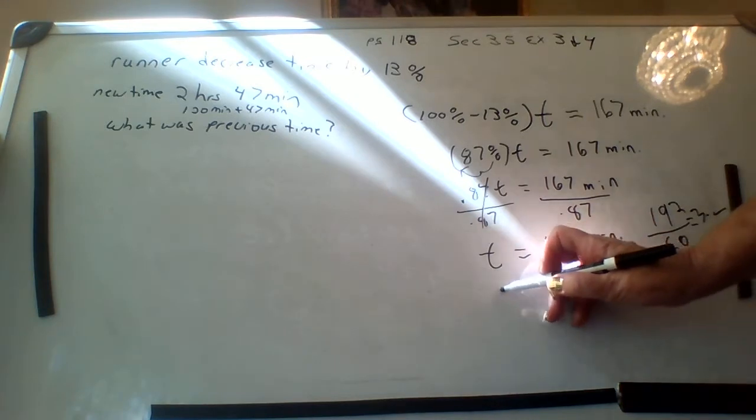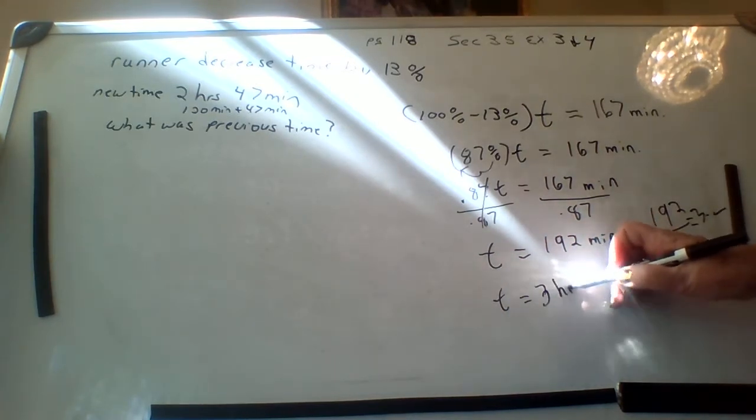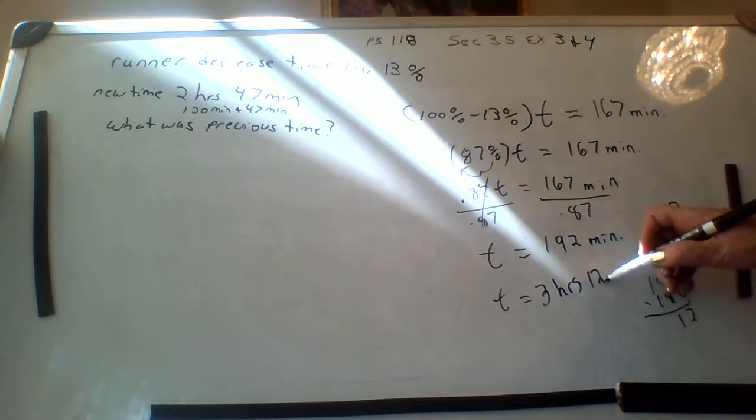So that means the time was 3 hours. Well, what is 3 times 60? 3 times 60 minutes is 180 minutes. So take 192 minus 180, and you get 12. So there's 12 minutes left over.